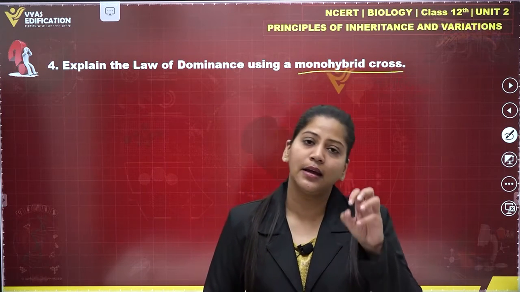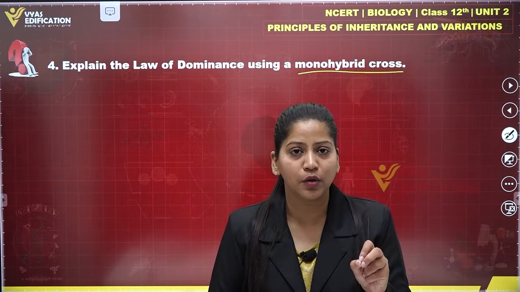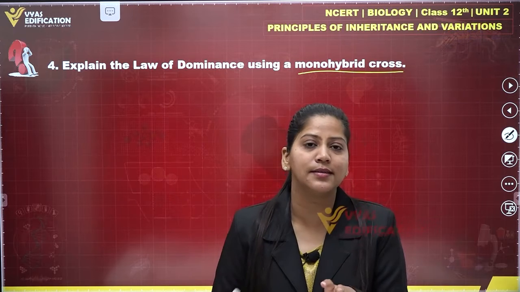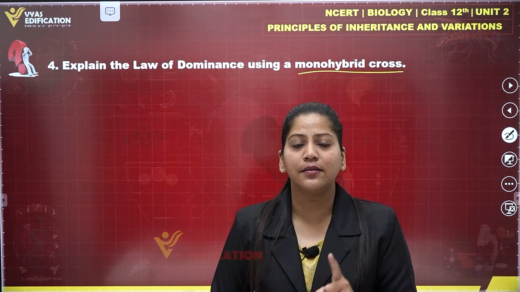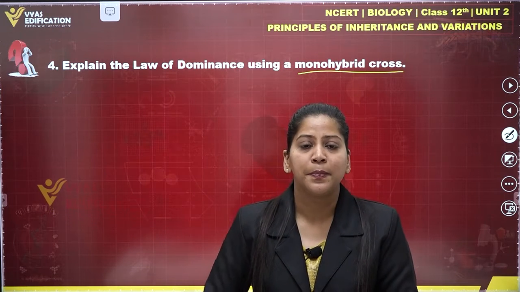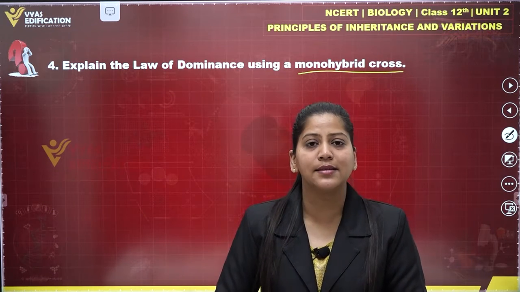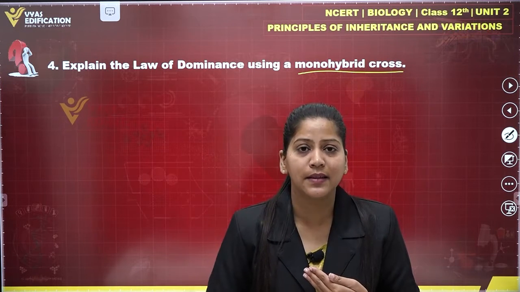This states that the dominant allele expresses itself in a monohybrid cross where it suppresses the expression of recessive allele. This recessive allele is not lost, it remains hidden or masked in the progenies of F1 generation, and it reappears in the next generation.